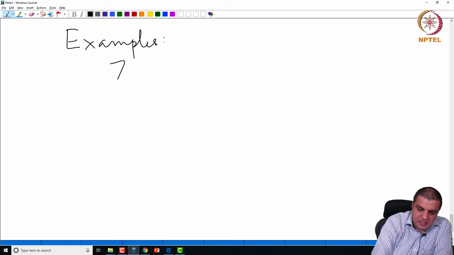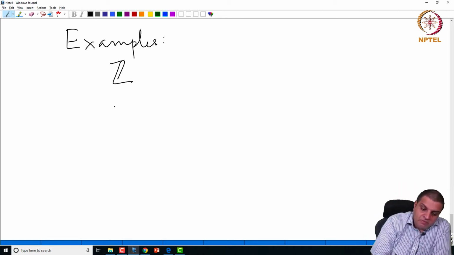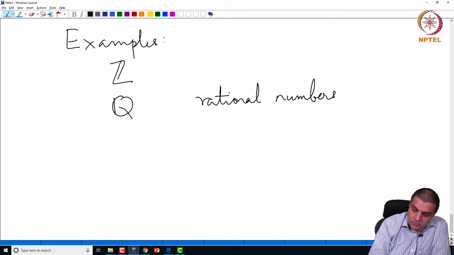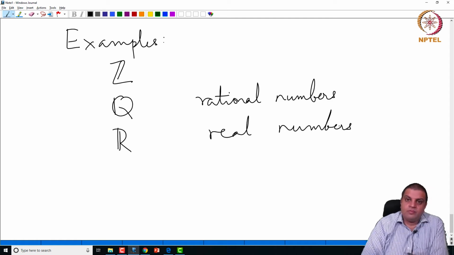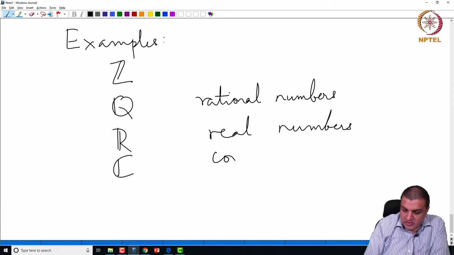The ring of integers that we said is a ring that we saw already. Then the set of rational numbers, the set of real numbers, the set of complex numbers.